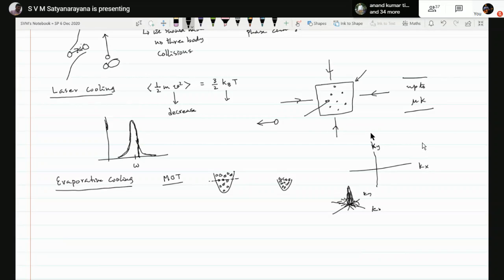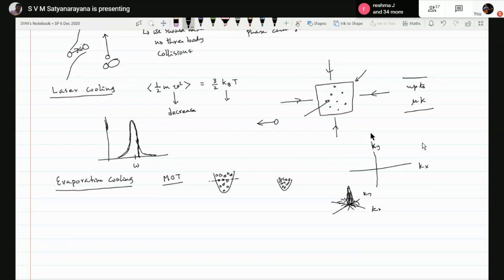People have been trying to understand this and use it in applications. It is a very active area of research, more in theory and less in experiment. In theory, people have worked left and right on these systems and predicted so many things. Experiment is also picking up.